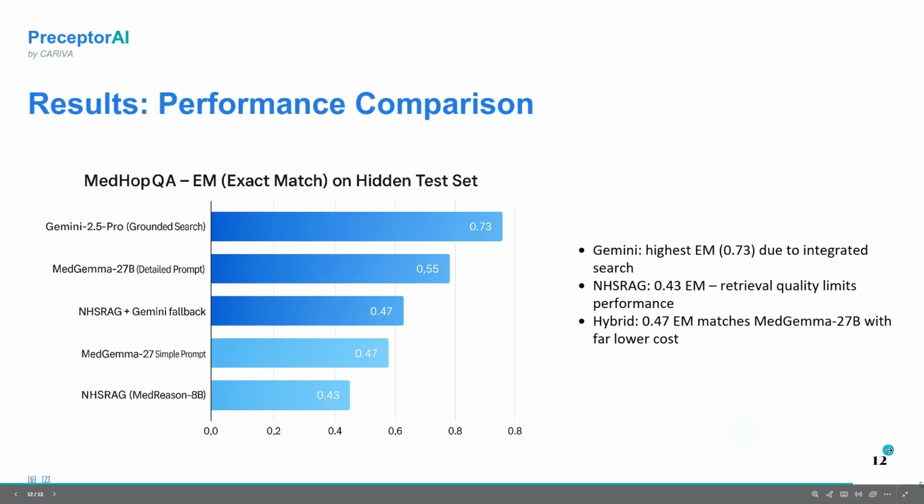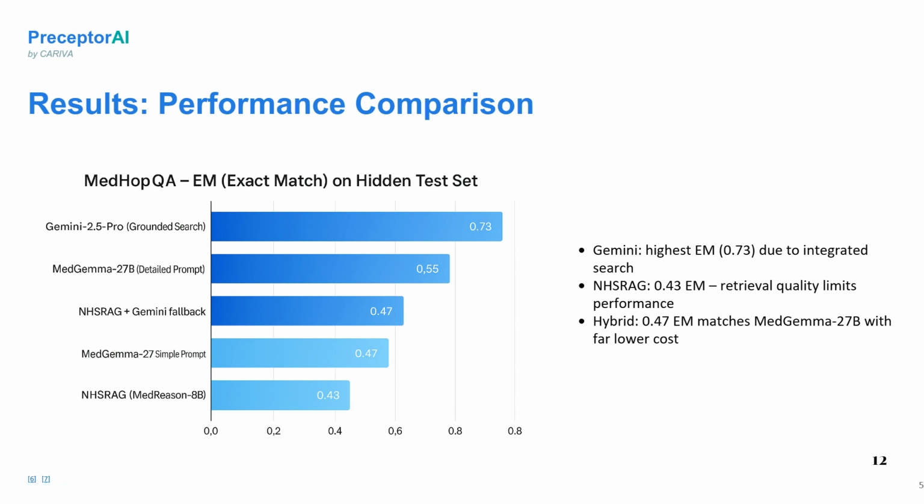Okay, for the performance comparison, we already told you that the greatest is Gemini 2.5 Pro, and NHSRAG achieved nearly the score of MedGemma 27B with the full model and detailed prompt, and is equal to MedGemma 27B with a simple prompt.